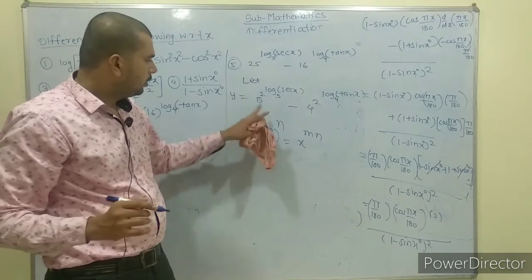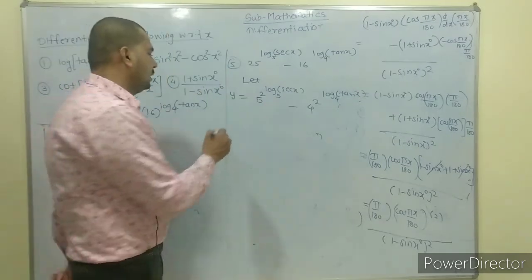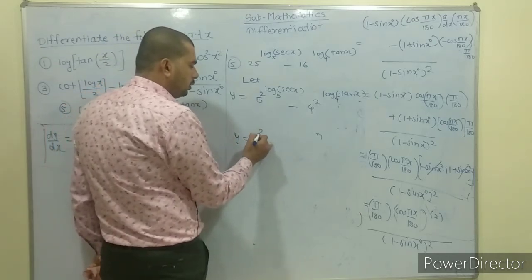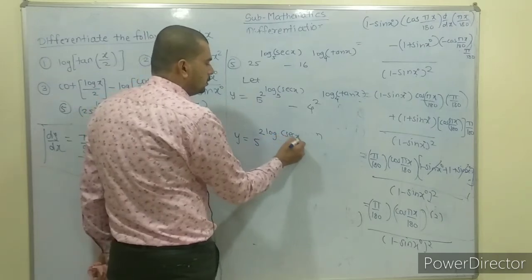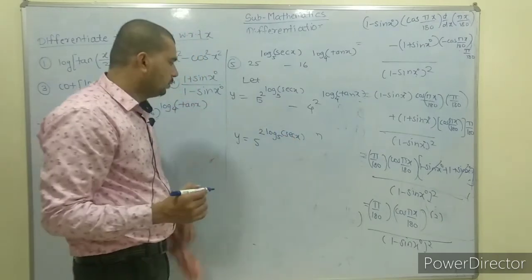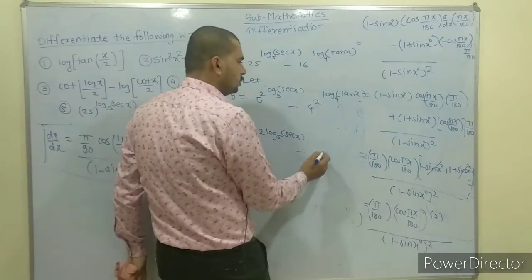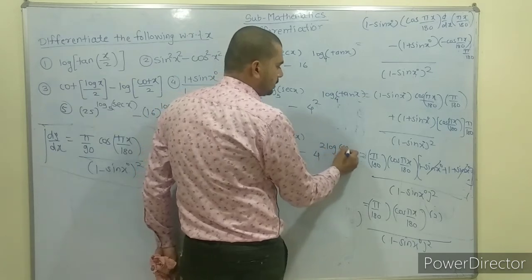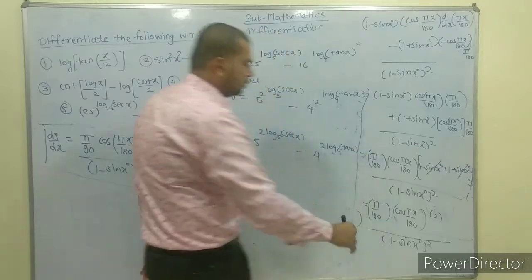Using this property of indices, I get y equal to 5 raised to 2 log sec x to the base 5, minus 4 raised to 2 times log tan x to the base 4.